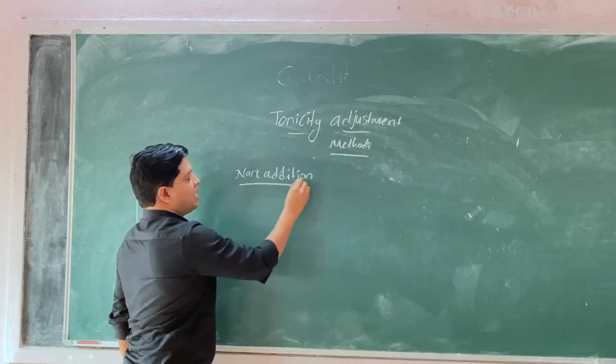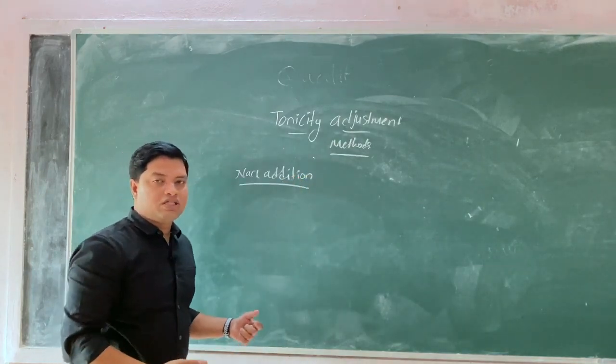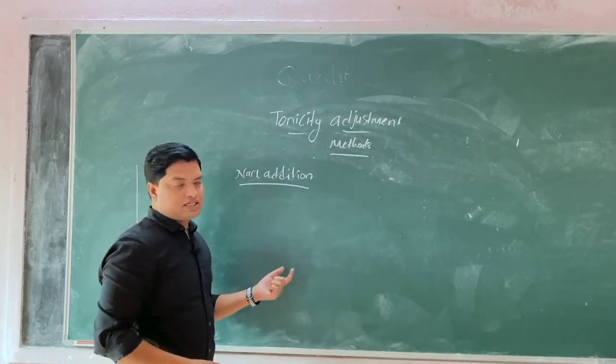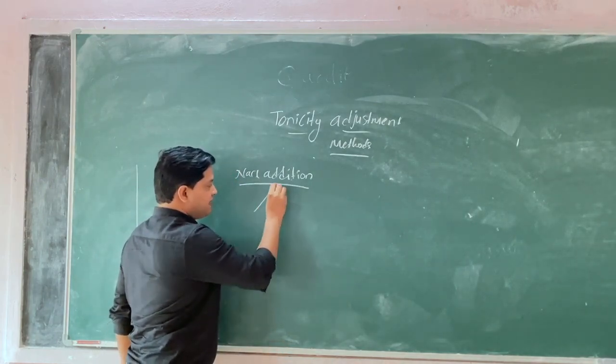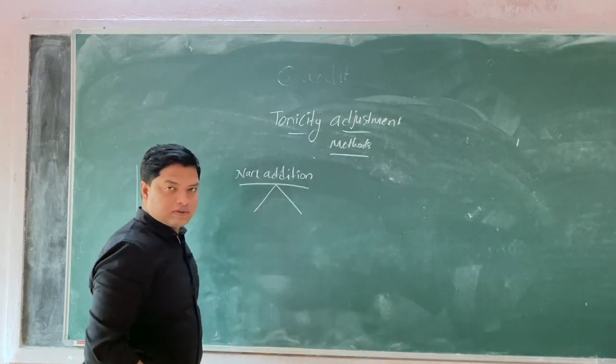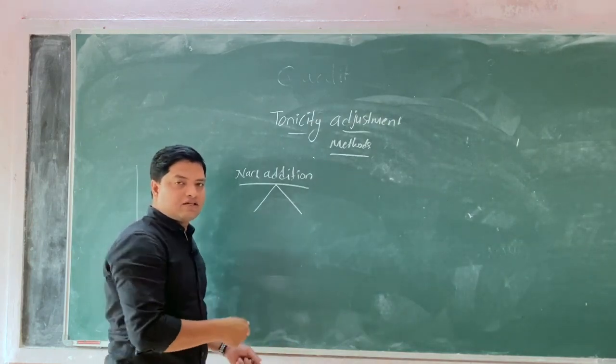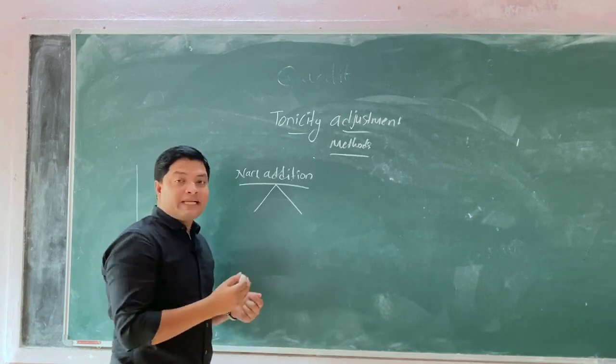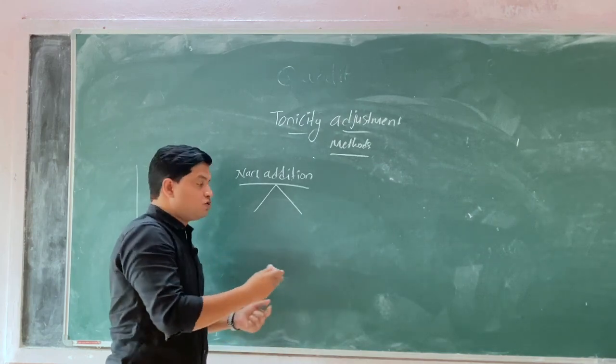Or you can say addition of NaCl as a tonicity adjusting agent. This is divided into two types. So we are adding NaCl, a tonicity adjusting agent. Again, there are two methods to calculate how much NaCl is to be added.